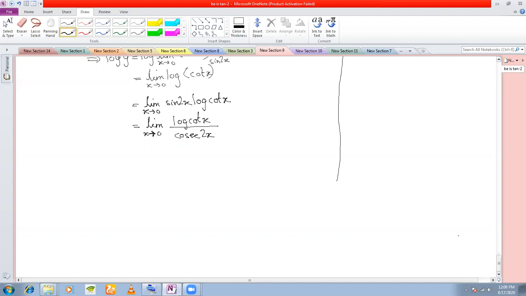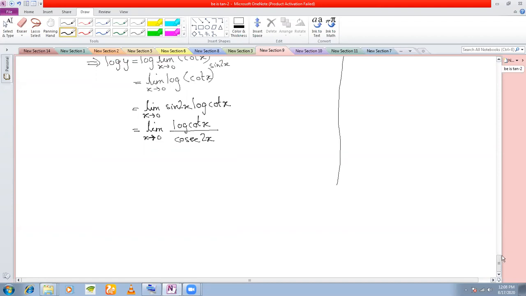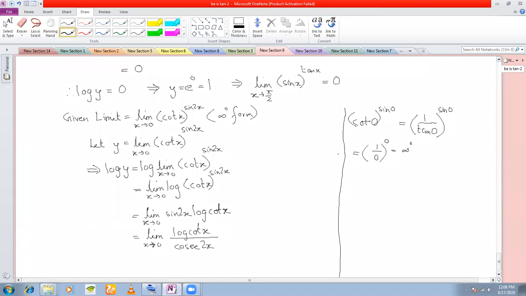Now we'll check what form we have got, whether we have got a 0 by 0 or infinity by infinity form. So log cot 0 divided by cosec 0. So log cot 0 is 1 by tan 0, right?